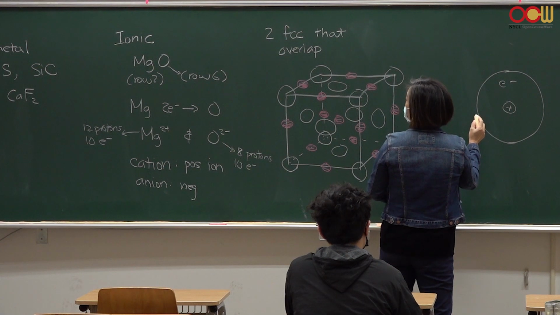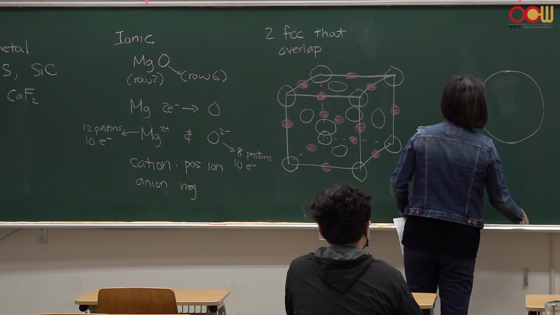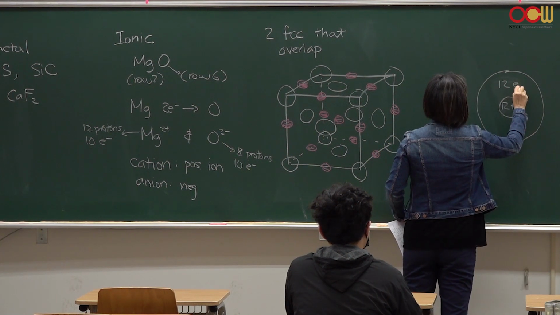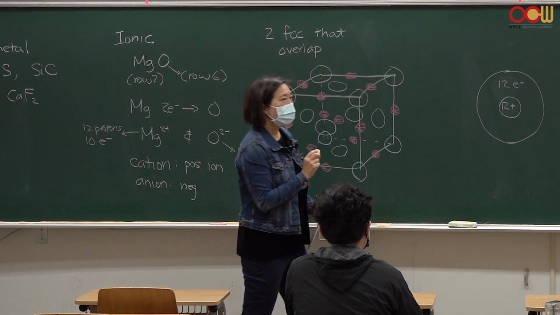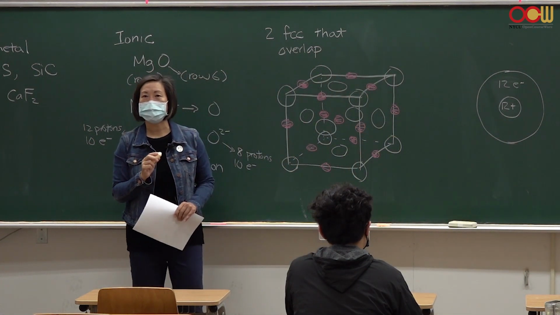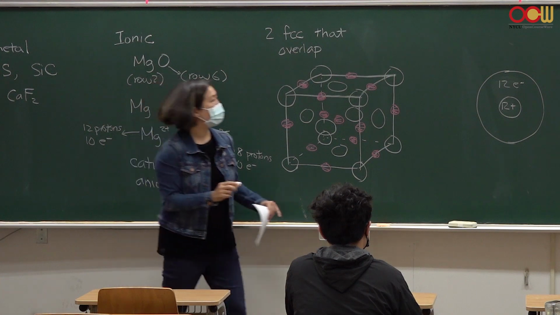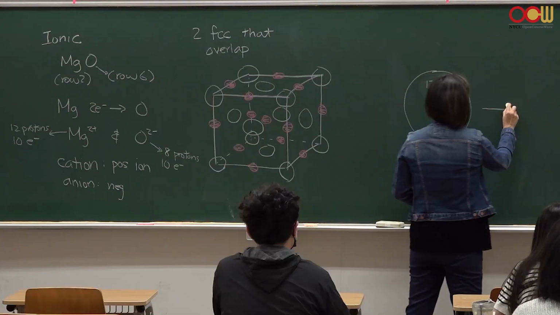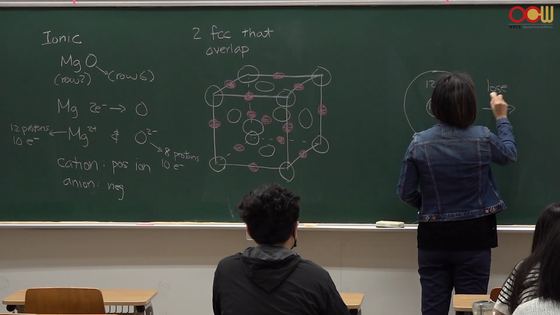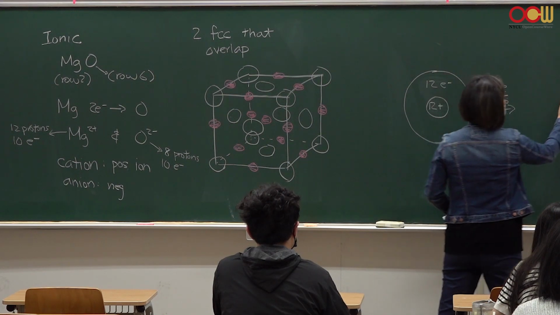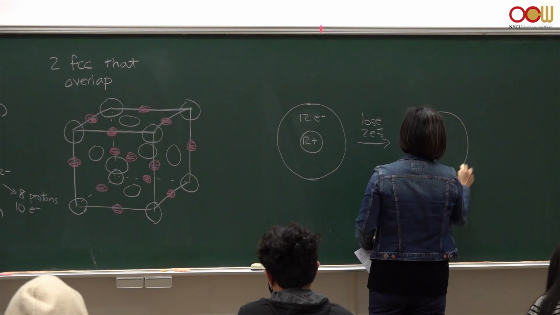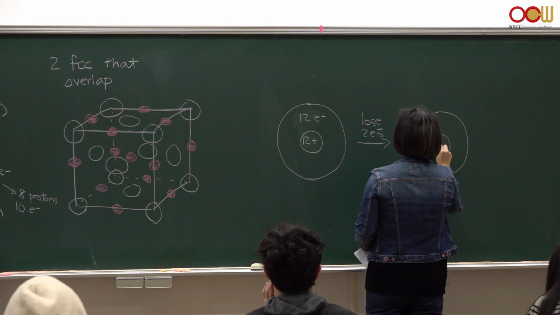So for magnesium, before it bonds with oxygen, it has 12 protons and 12 electrons. It loses 2 electrons through bonding, and so now it looks something like this. The protons are still the same size.